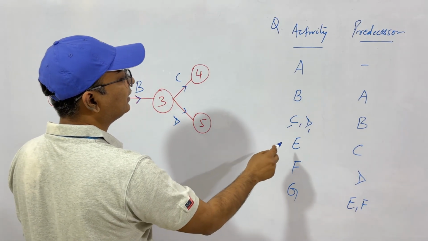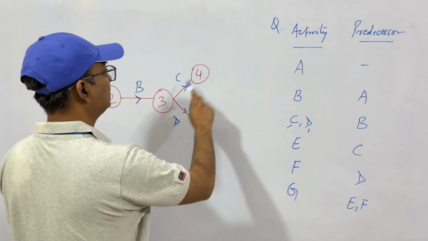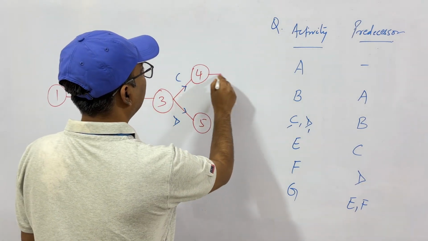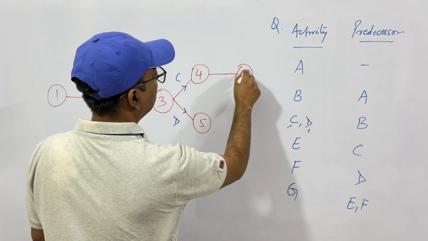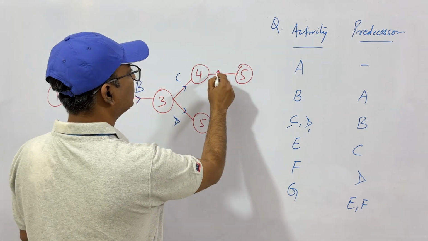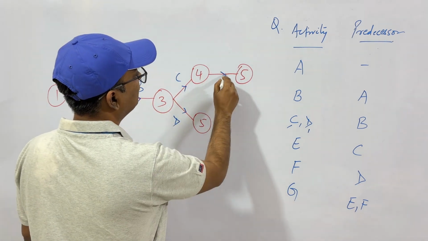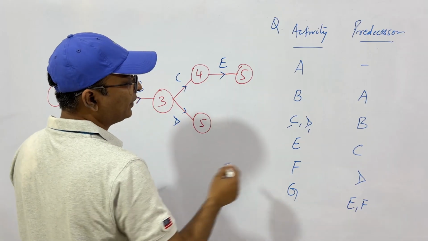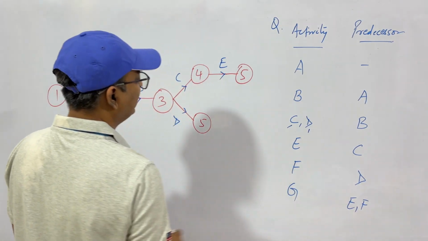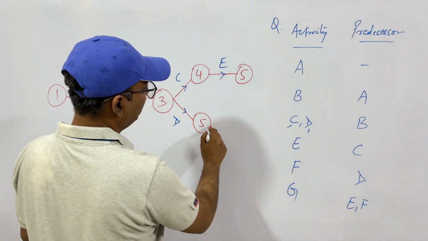Now we have activity E after C. So this is C. So after C we'll have activity. After C we have E. So this will be E. Okay. And after D we have F. So this line will be F.